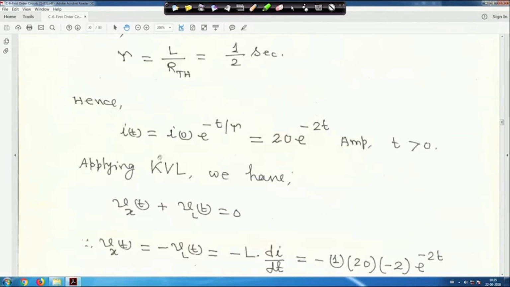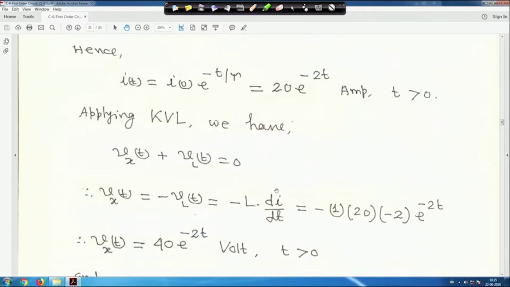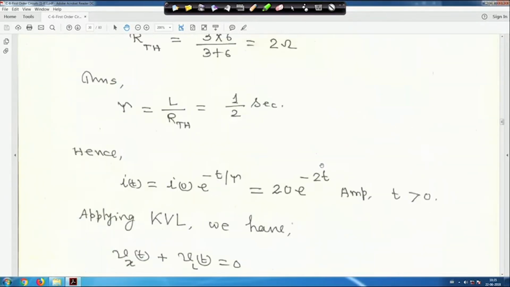Now we know that for this source free circuit, i(t) is equal to I0 e to the power minus t upon tau. So I0 is equal to 20 and tau is equal to half, so i(t) is 20 e to the power minus 2t ampere for t greater than 0. Applying KVL, we have Vx(t) plus VL(t) is equal to 0.